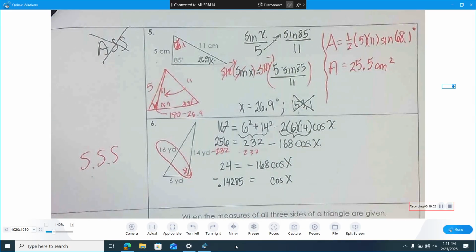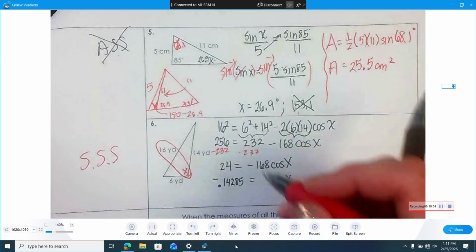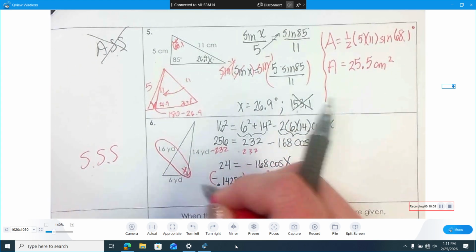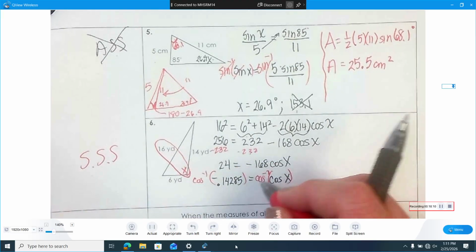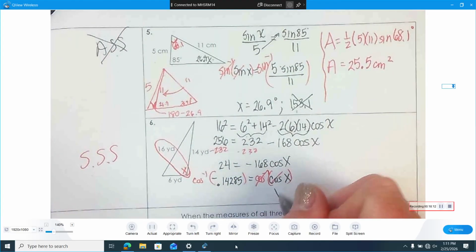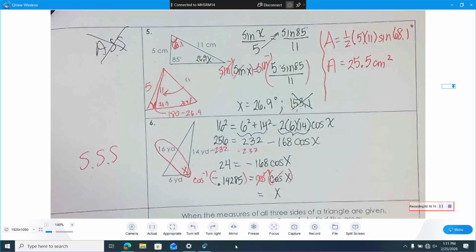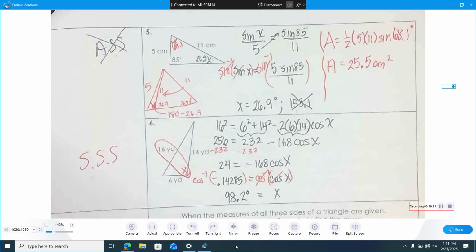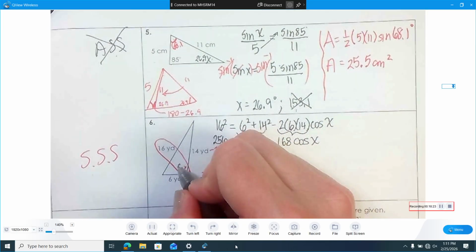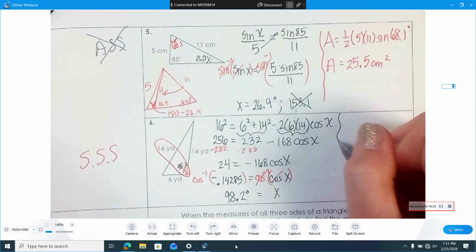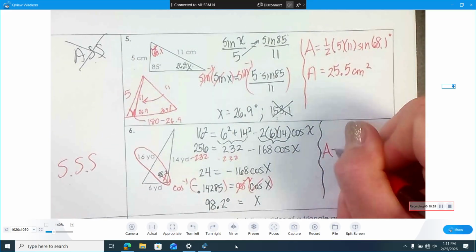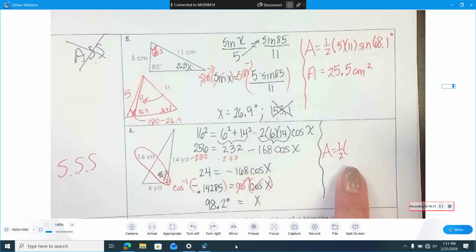And how do we free the angle? Cosine inverse of both sides. Cosine inverse cancels out, and we get x equals cosine inverse of our answer. Good, 98.2 degrees. So now we have 98.2 degrees right in there, and now we can find our area. So it's going to be 1/2.